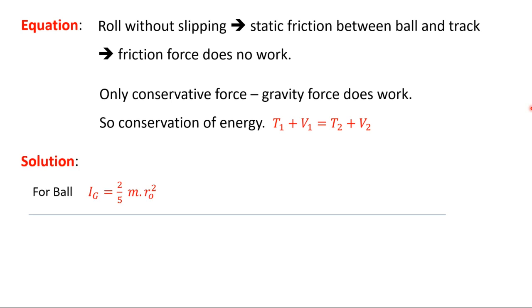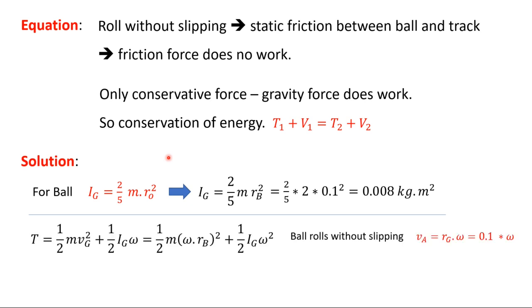Now, once again, the solution starts with finding Ig for the ball. It's equal to 2 over 5 mass multiplied by R of the ball squared. Substituting R equal to 0.1 meters and the mass of 2 kilograms, we find the value of Ig to be 0.008 kilogram meter squared.